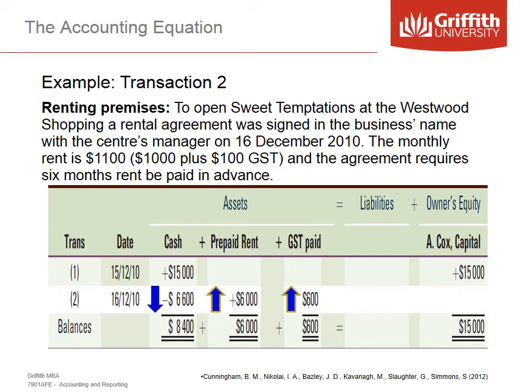So notice again, the transaction has got a dual impact. The cash is drawn down, so that asset cash declines, and in doing that, Anna purchases two other new assets. So prepaid rent increases and GST increases, and if you look at the balances across the bottom, you can see that the accounting equation remains in balance as it must.